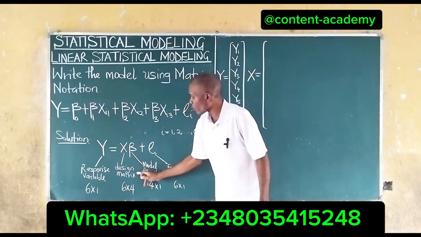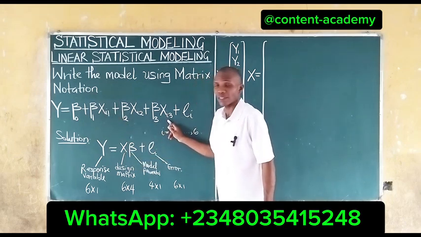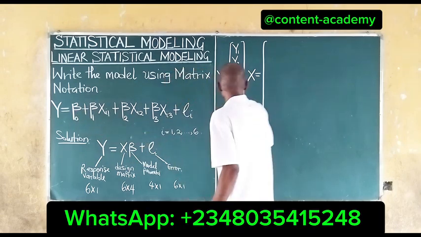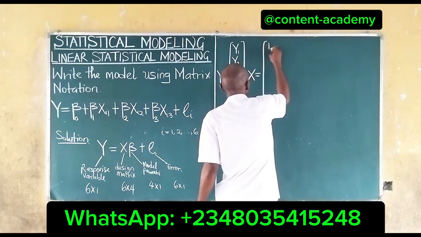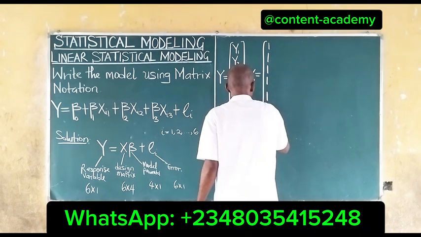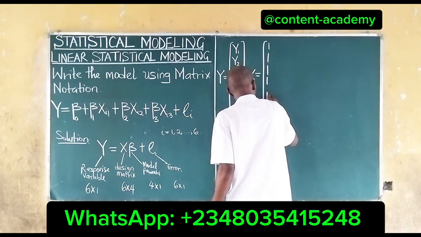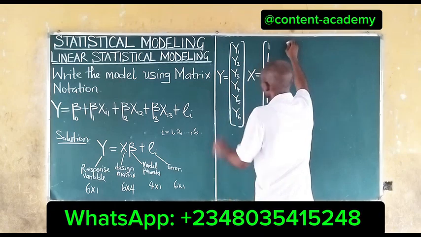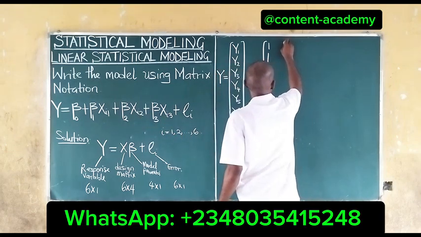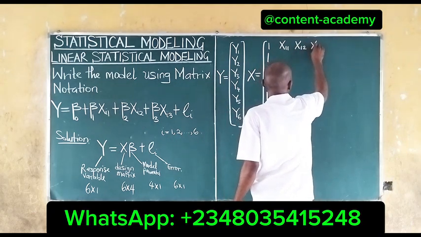Now, how do we compute this? If we watch out for our x variables, we have 1, 2, 3, just 3 parameters, while this column here is a constant, so we put it as 1, 1, 1, 1, 1, 1. Then the next one is x11, x12, and x13.